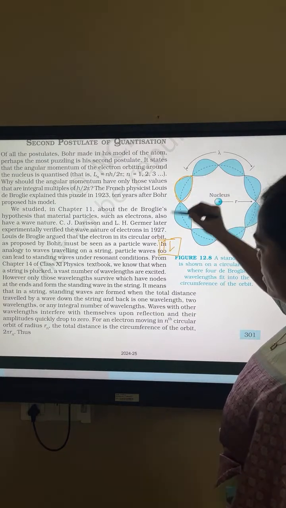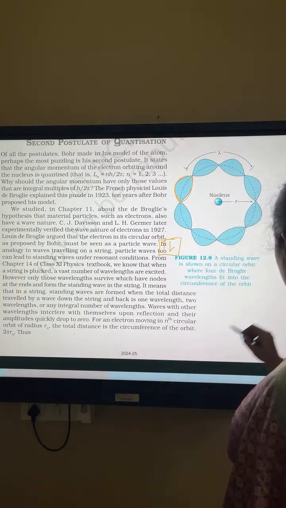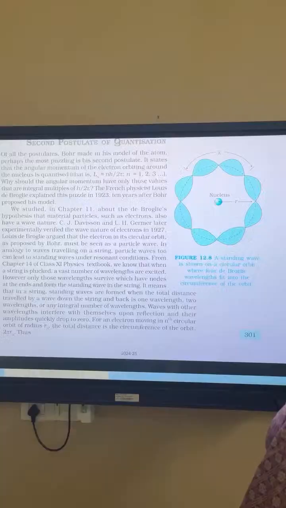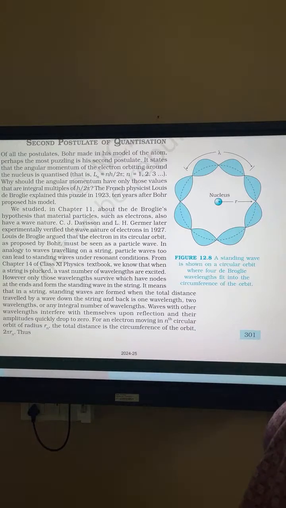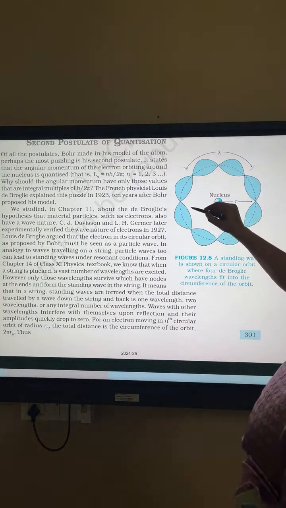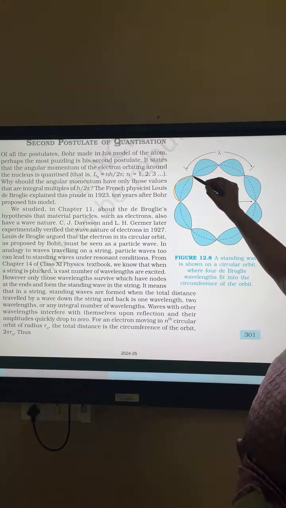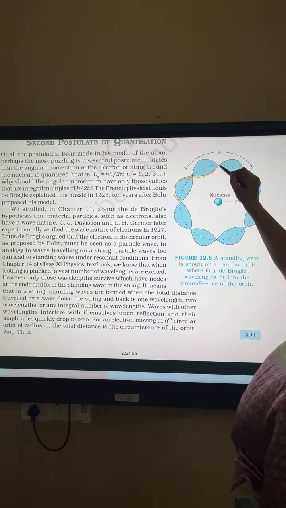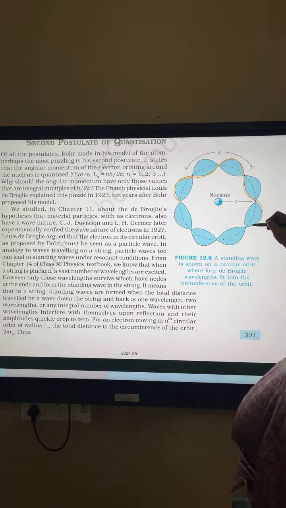The first electron is like this. This is the first electron, it spins in the positive direction. Then negative direction, positive direction, it spins like this.